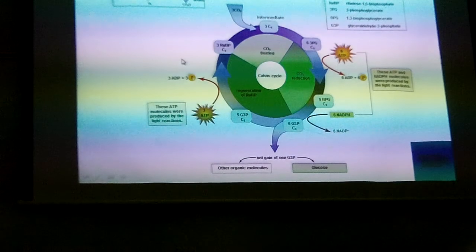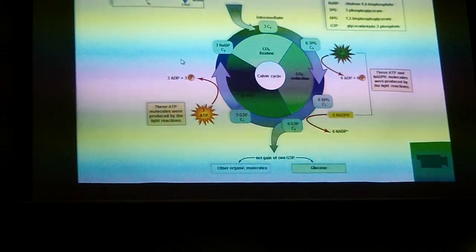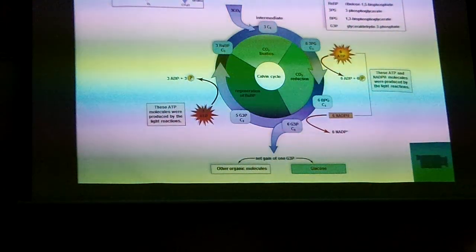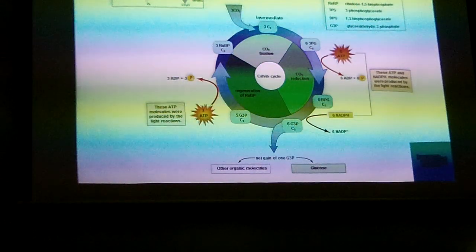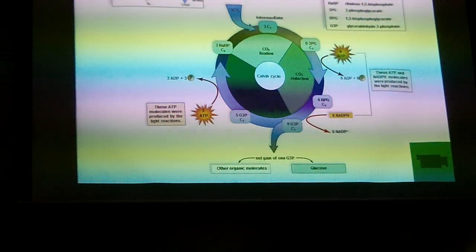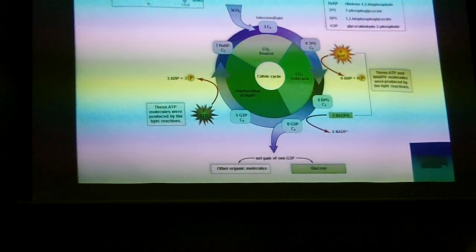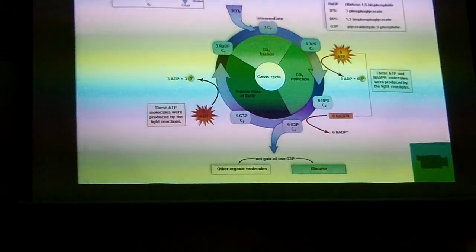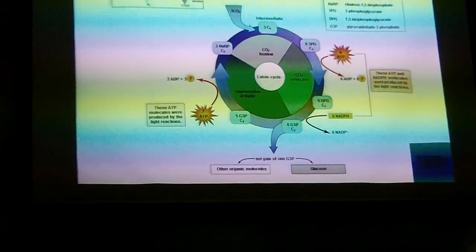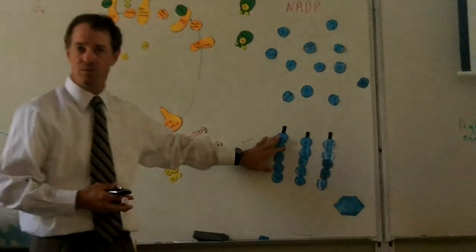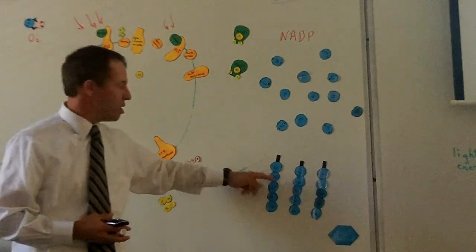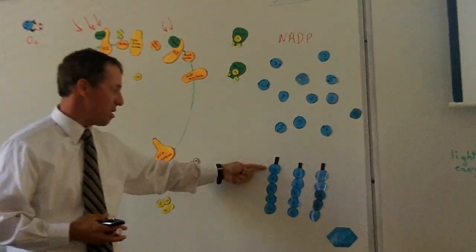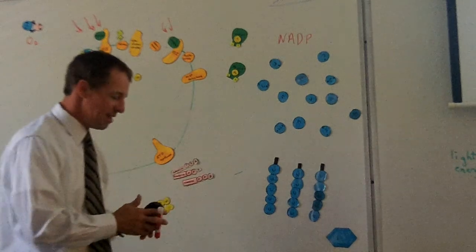It's a molecule that sits out here in the stroma, and it consists of 5 carbons and a bunch of hydrogens, oxygens, a couple of phosphates, and other things connected to this. But I'm just going to show the carbons in my example because I don't want you to get too confused. So here we have a 5-carbon molecule. What's it called? RUBP. Nice.